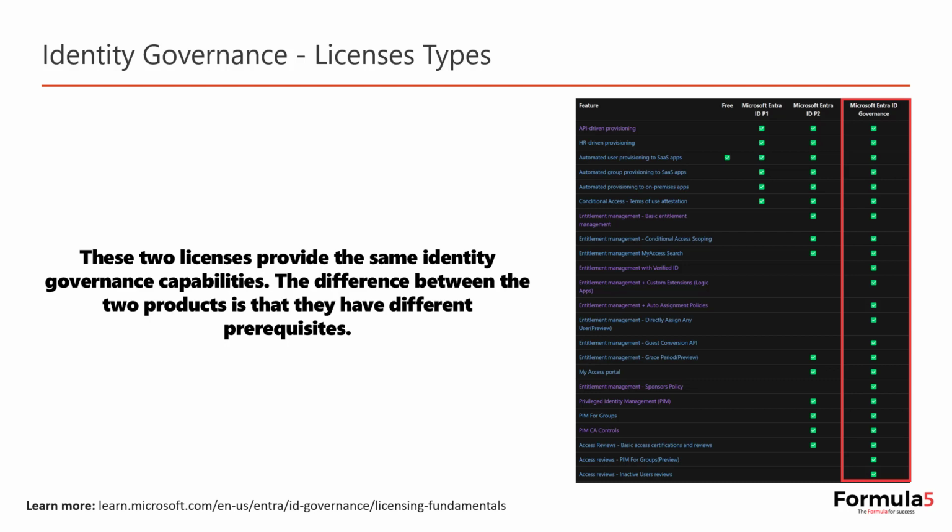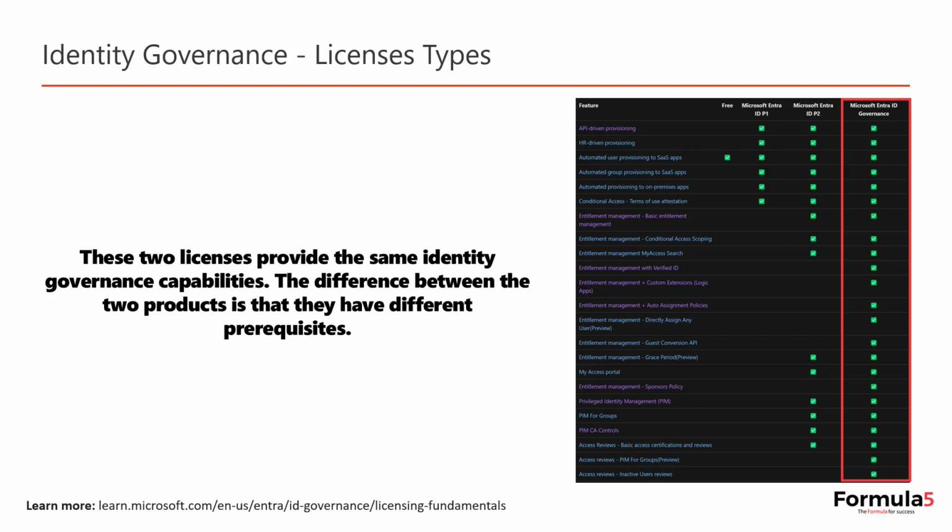It's available in the P2 license. But if we want access to all features from Microsoft Entra P2, and we want to use advanced features provided by Entra ID Governance, like lifecycle workflows, we can buy a Microsoft Entra ID Governance license. And then we will get access to entitlement management, and then we will get access to lifecycle workflows.